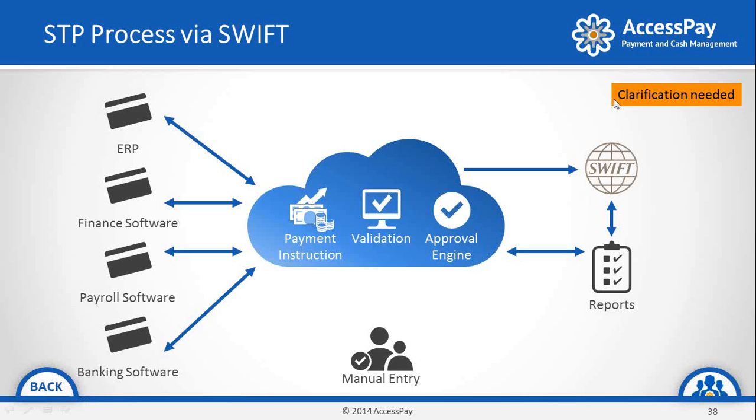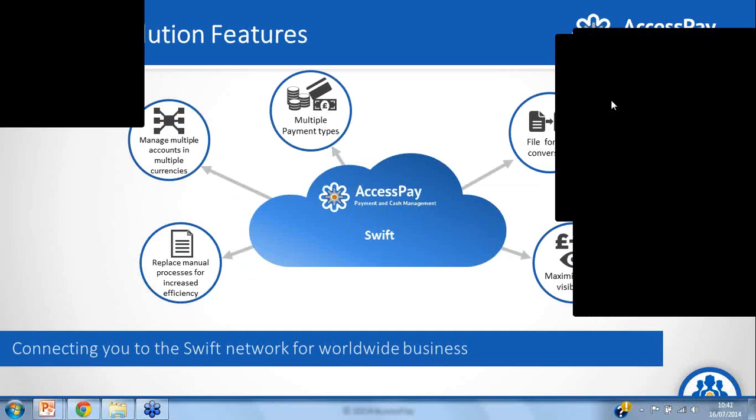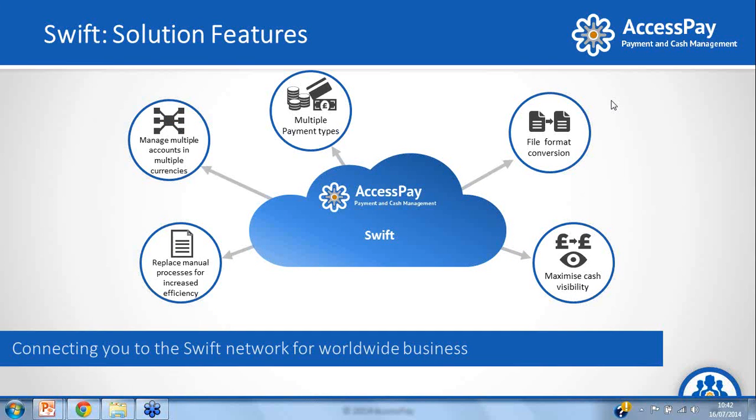Again, moving on to the next slide, some solution features of our Swift application. We manage multiple accounts in multiple currencies. We handle multiple file types and multiple format conversion. This is our key USP.